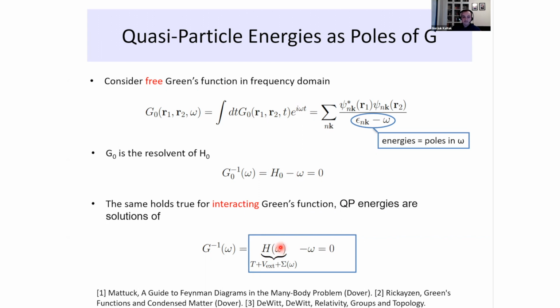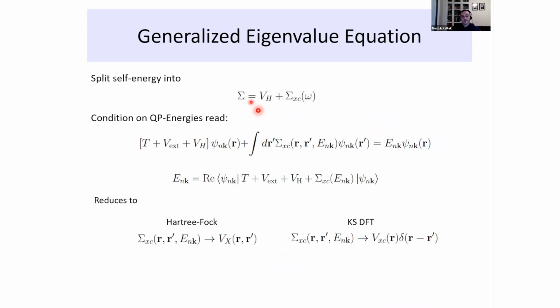The usual way to handle this is to separate this frequency dependent self-energy into two parts, a Hartree and an exchange correlation part, and then to formulate the corresponding condition for the poles as a generalized eigenvalue equation. And that one here is the one I've mentioned on the very first slide, which is a generalized eigenvalue equation with a non-local frequency-dependent potential.